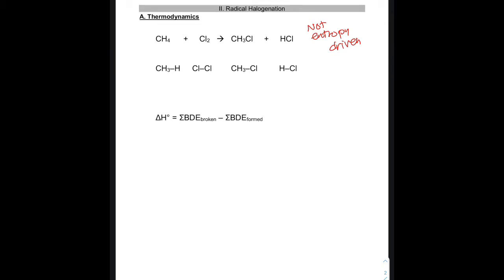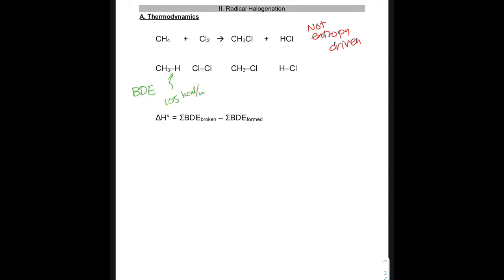Just to show you that, I want to go over the thermodynamic parameters with you real quick. Here I'm listing bond dissociation energies. I think in your textbook there's a nice table that has all these values, so if you're curious where I'm getting these numbers from, you can go look at those tables.